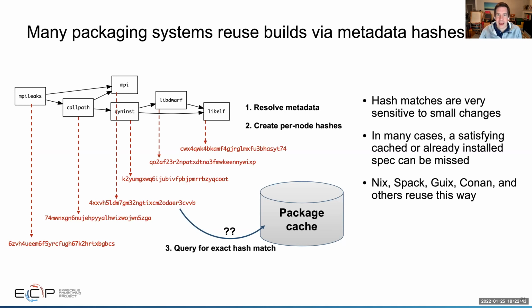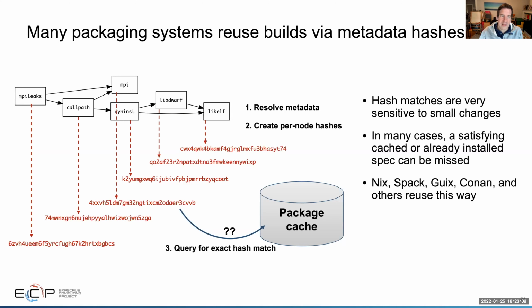And when the hash is changed, it's very sensitive, right? It will say, oh, I haven't built that exact thing that you asked for before, so I'm going to rebuild it for you. And so what this would lead to is when people pull from develop, they would get newer versions of packages over time, which is fine. They work. It's just that it's a waste of space, right? The old version that you have installed could be a fine replacement.